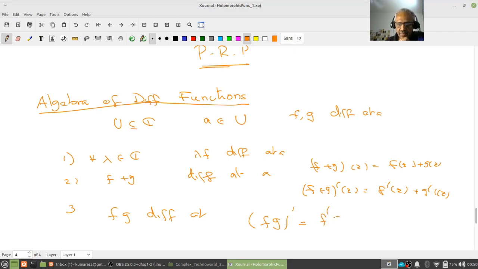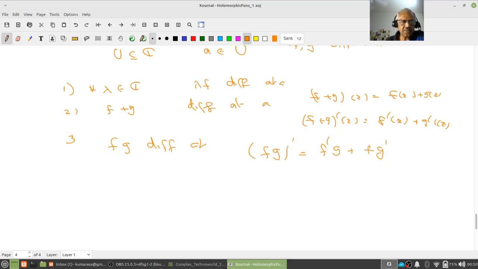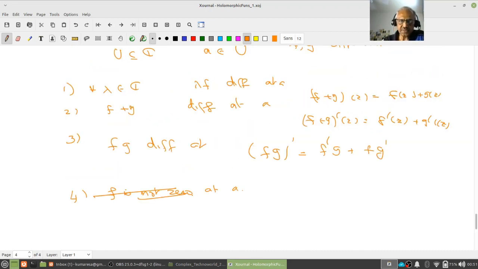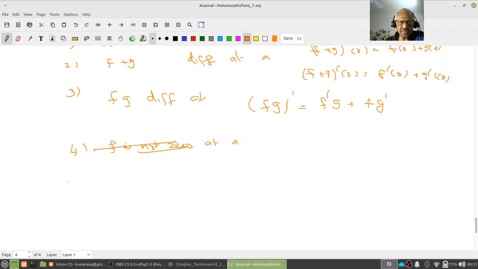That is f dash into g plus f into g dash. Okay, and what is the fourth one? Fourth one is, suppose f is not 0 at A, but I will come to that a little later. Just look at these things. All these things are very easy.